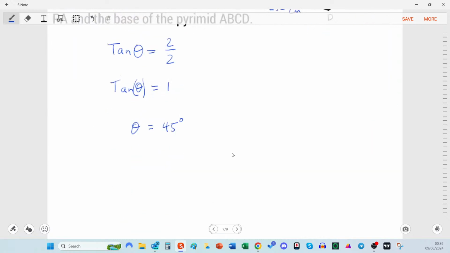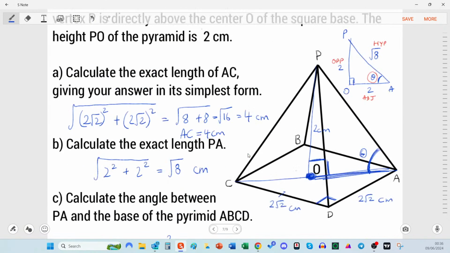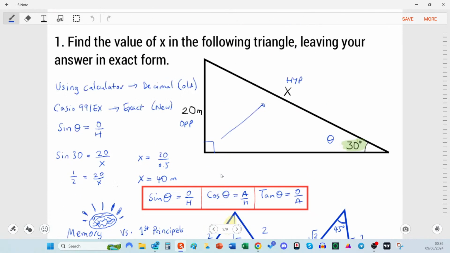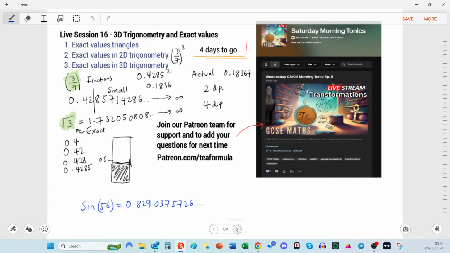Okay, therein lies our finishing point. Bit of trigonometry. We've revised quite a good portion of it there, and I feel like some of it mostly was problem solving. We've looked at the idea of exact values.